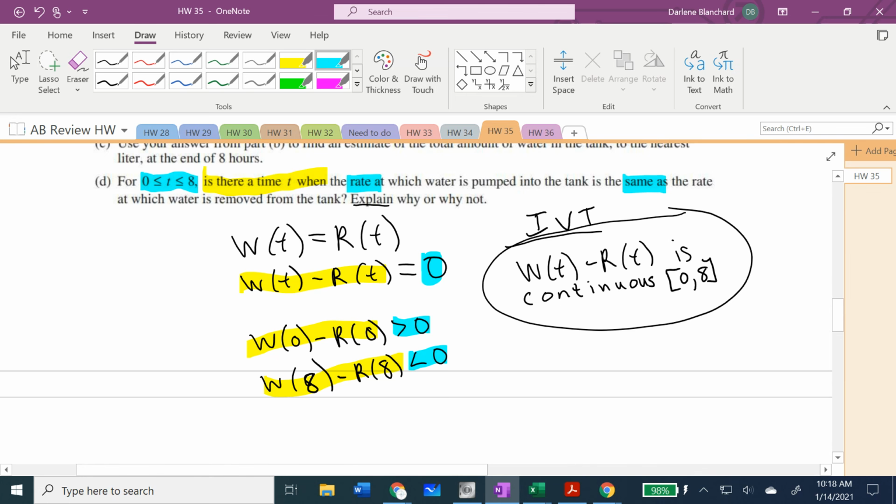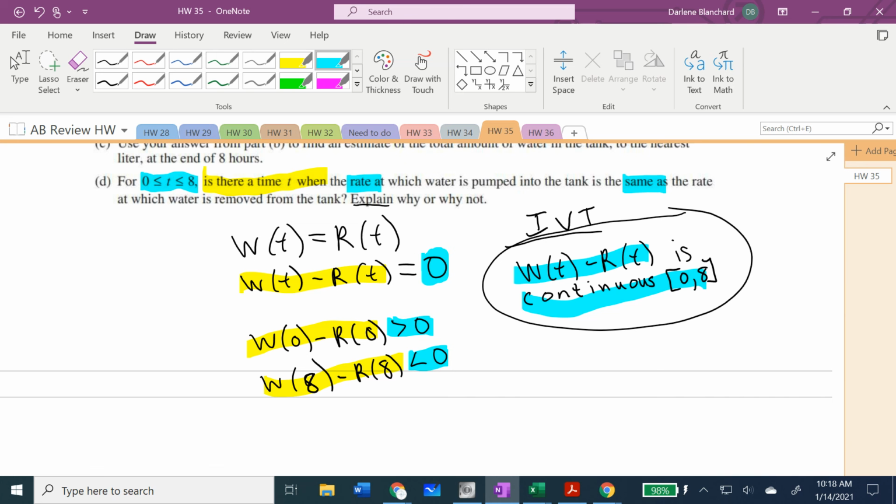That's all intermediate value theorem needs. It just needs that your function is continuous over the closed interval, state the number that you are saying it has to equal, and then show that at one endpoint you've got positive, at the other endpoint you have negative, boom.